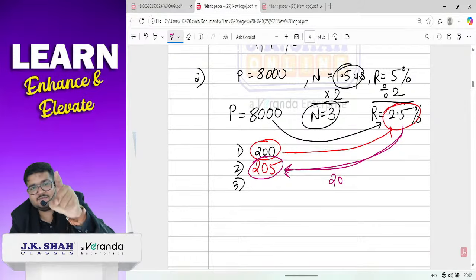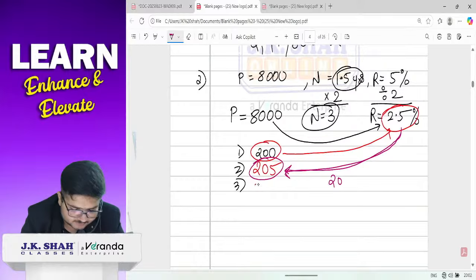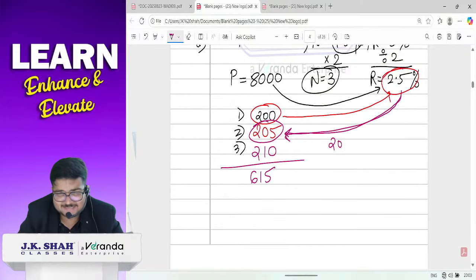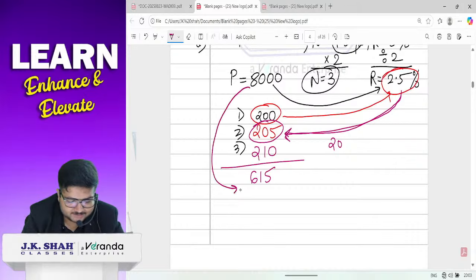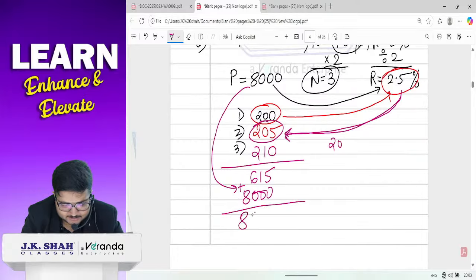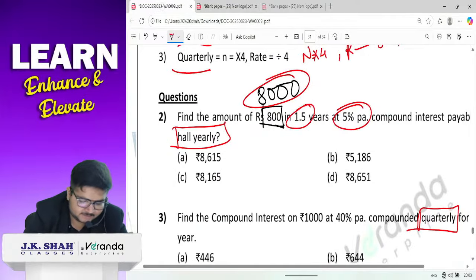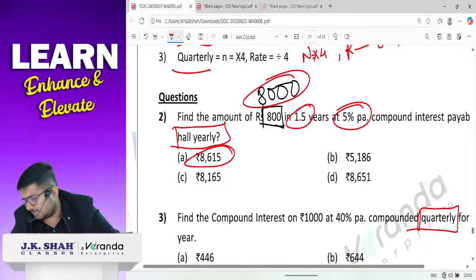I will add this 5 to 205. It will become 210. Total karo: 615. But please listen, this is not compound interest. They have not asked compound interest. They have asked you the amount. So I will add this 8,000 and it will become 8,615. Option A is your correct answer.